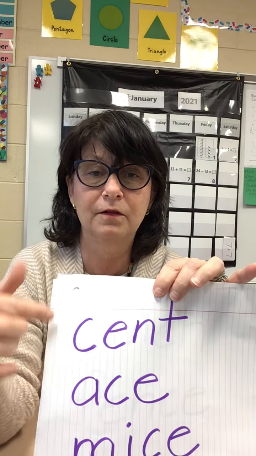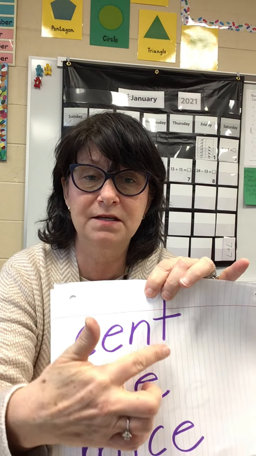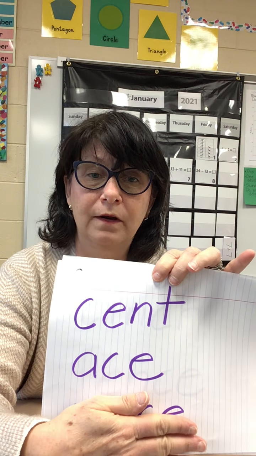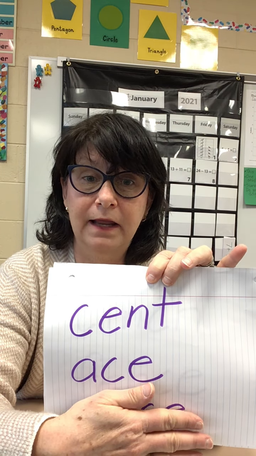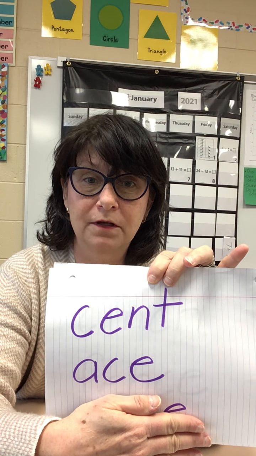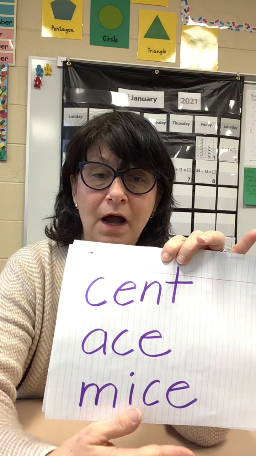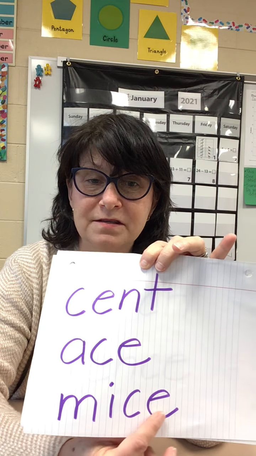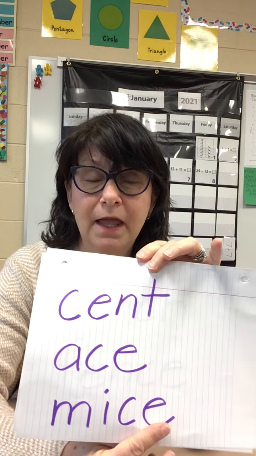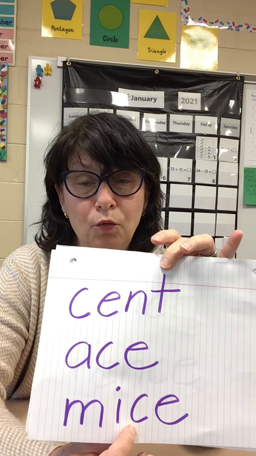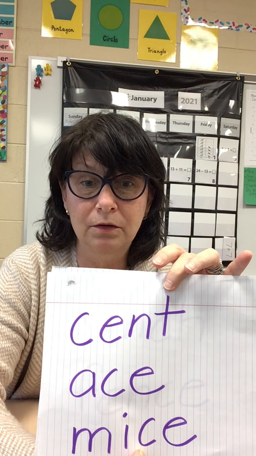For instance, the word scent, like one penny. Or the word ace, like an ace when you're playing cards is the one that has the A on it. Or ice. Okay, this one has that silent E, so the I says its name. Ice. If you tried it with the K sound, Mike, you would think it was someone's name, wouldn't you?